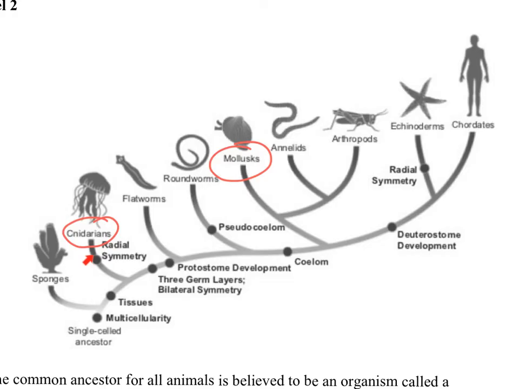You can see how the radial symmetry here doesn't extend at this point. So even though cnidarians have radial symmetry, it is not in the mollusks. So there are 2 things that mollusks and cnidarians have in common. That is going to be tissues and multicellularity.